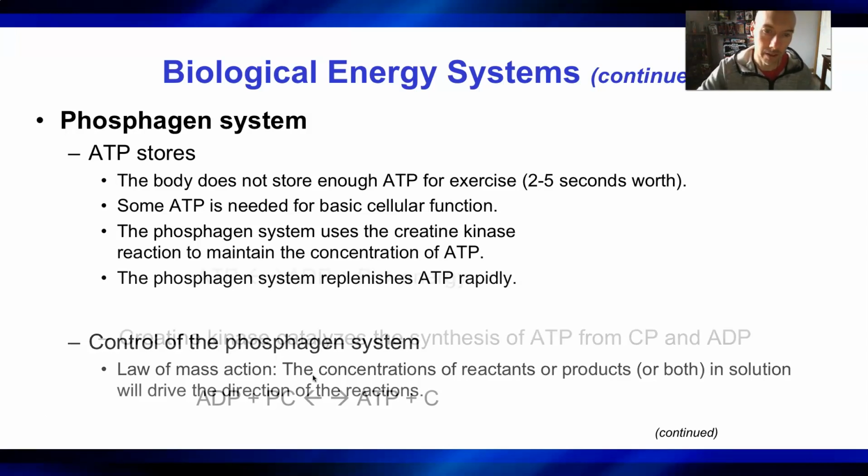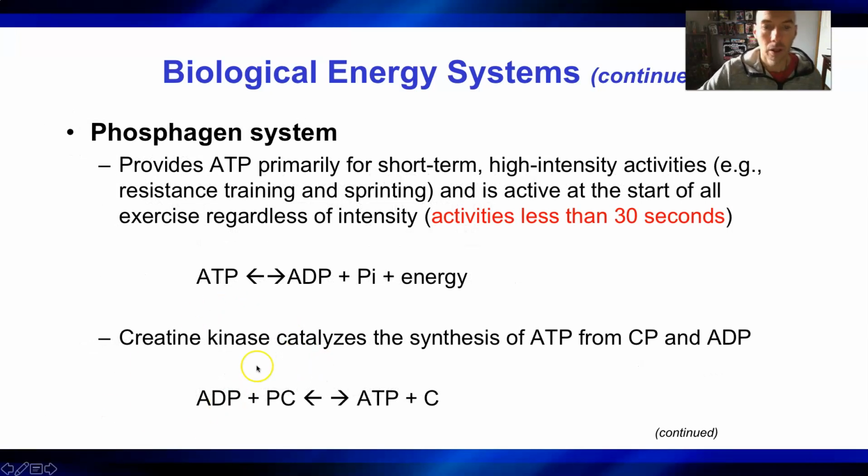So to jump back here, when we split our stored ATP, we create a big concentration of ADP, okay? Once ADP starts accumulating in our cells, that then drives the action towards this equation, right? So we have this giant concentration of ADP that starts to accumulate in our cells. That then drives this reaction, okay?